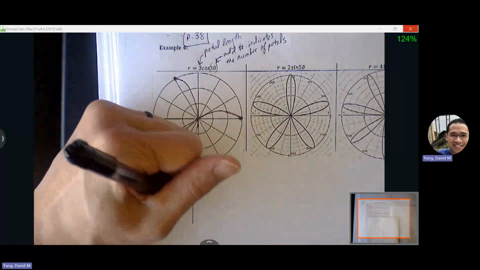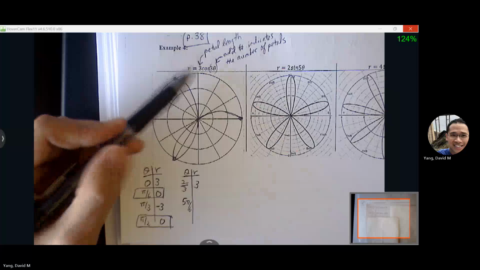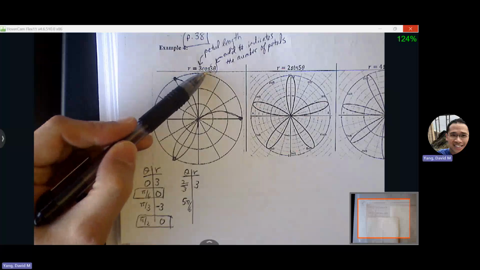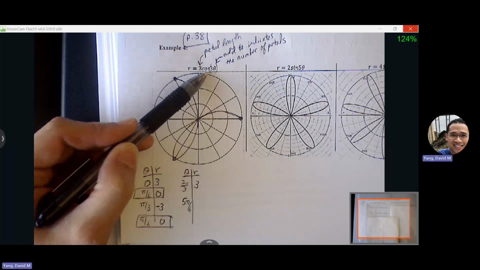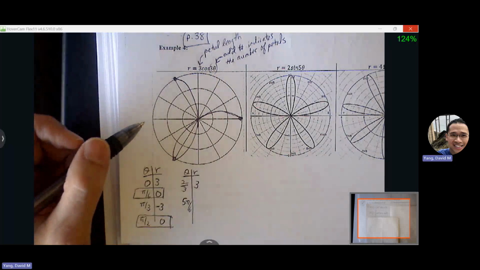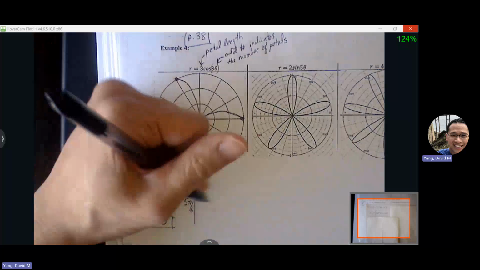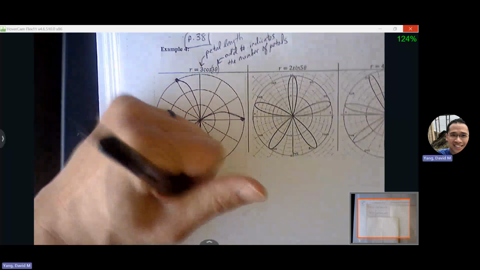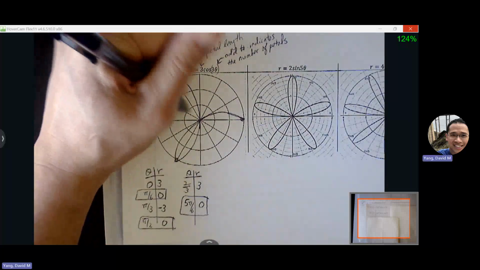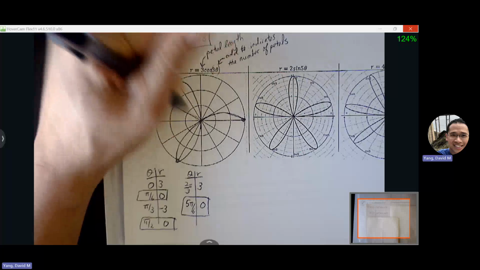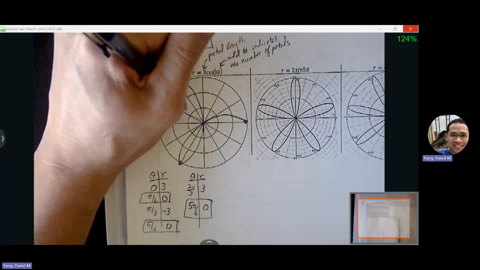Let me choose 5 pi over 6. 3 times 5 pi over 6 is going to be 5 pi over 2, which is 2.5 pi, which is going to be 0, right? Cosine of any variation of pi over 2 or 3 pi over 2 is going to be 0. So we have another polar 0, and it's now going to come in at this angle here.